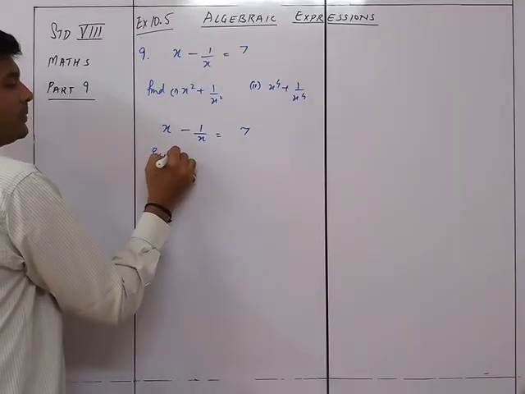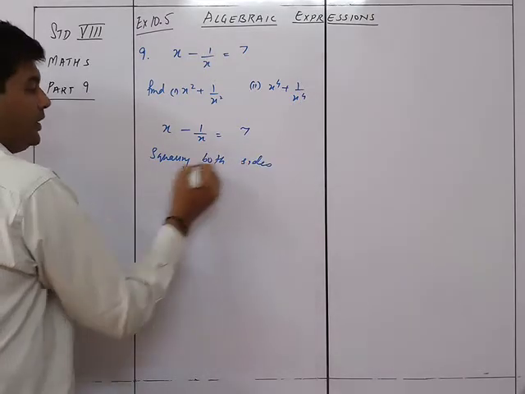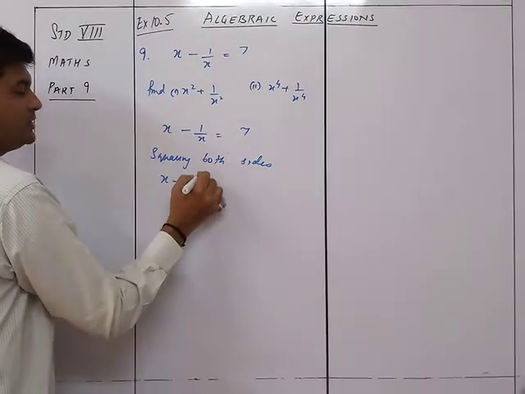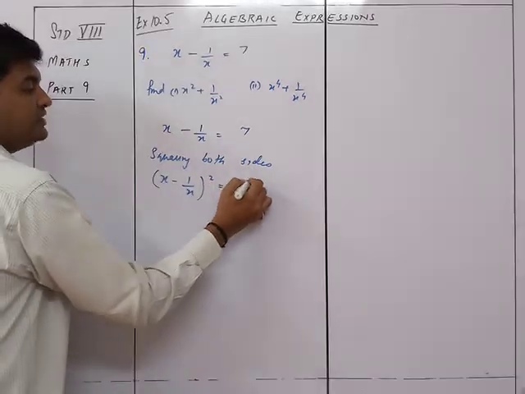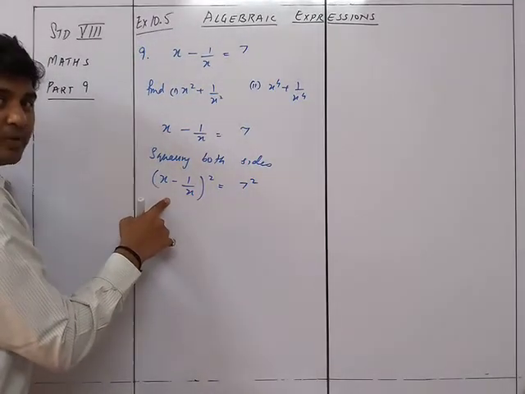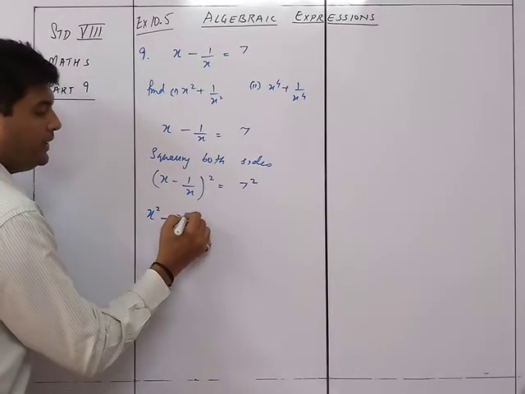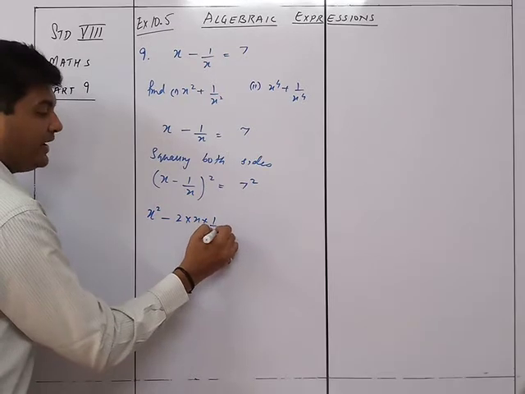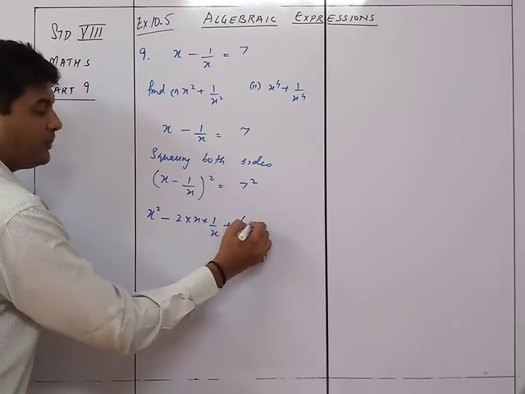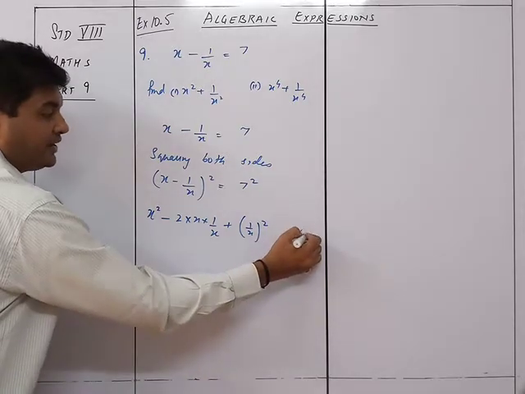So squaring both sides, we have x minus 1 upon x the whole square is equal to 7 square. So this is nothing but the formula a minus b the whole square, a square minus 2 into x into 1 upon x plus 1 upon x the whole square is equal to 49.